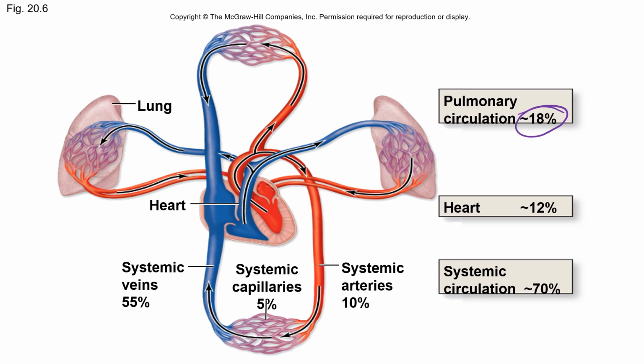So you would expect a similar 18% to be circulating through the systemic circulation in each cardiac output event. Because each side of the heart, the left and the right, they pump the same amount of blood. You can't have blood accumulating on one side of the heart or the other.